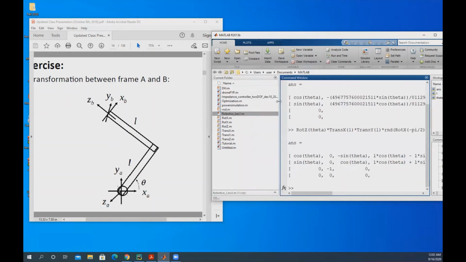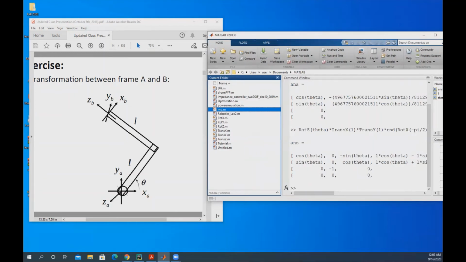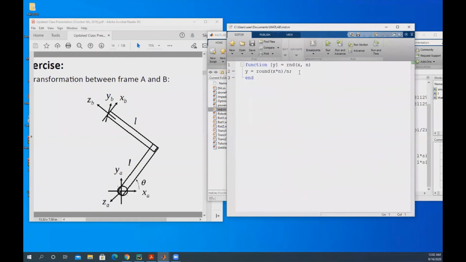So what is it? Here you go. It's a very basic rounding function. In my case, round would only work with one argument; I can't put two arguments. If I put round of 2.5, let's say the number was 2.561, if I use my round here, I will not be able to specify how many significant figures.